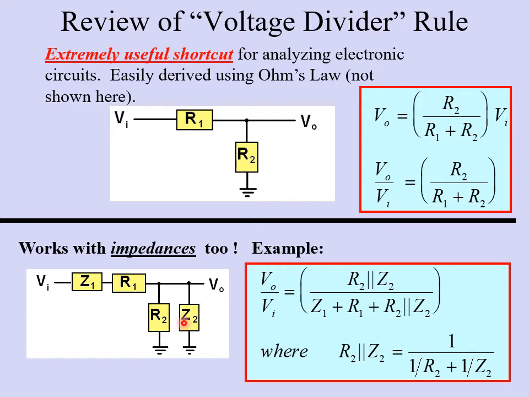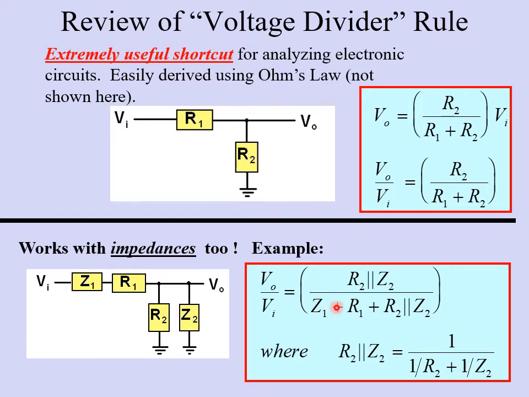So the voltage divider rule says that we can immediately write the output voltage divided by the input voltage is given by this impedance here, which notice is R2 in parallel with Z2. And by the way, remember how to do impedances. Impedances or resistances, when they're in parallel, you take the reciprocal of the sum of the reciprocals. So this is just basic Ohm's law stuff from your physics or electronics class.